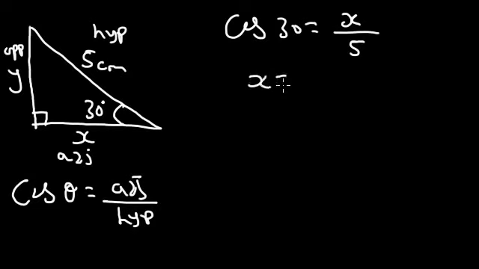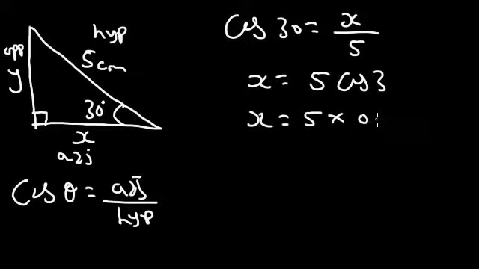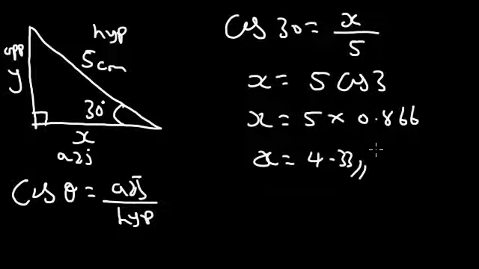Upon cross multiplication, just like before, x equals 5 cosine 30. If you type in cosine 30 using your calculator, you have 0.866. Then x equals 5 times 0.866, and if I multiply 5 with 0.866, I get 4.33. So that's 4.33 centimeters, our adjacent for this triangle.